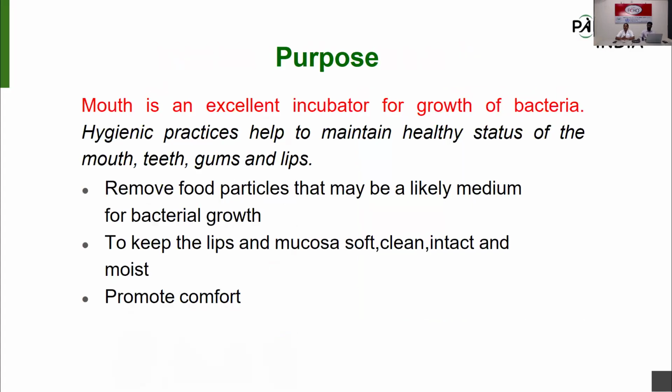So what is the purpose of oral care? We know that the mouth is an excellent incubator for the growth of bacteria. So hygiene practice has to be maintained in order to keep our mouth, teeth, gums, and lips healthy, right? When we do oral care, we can remove the food particles that are a likely medium of bacterial growth.